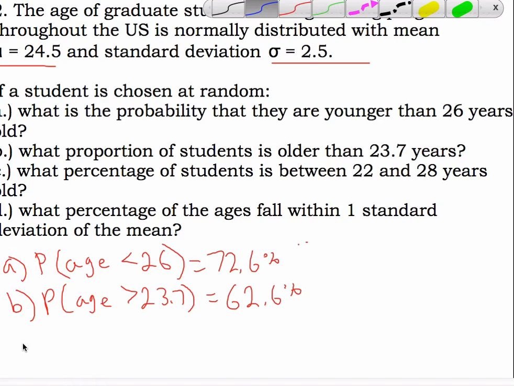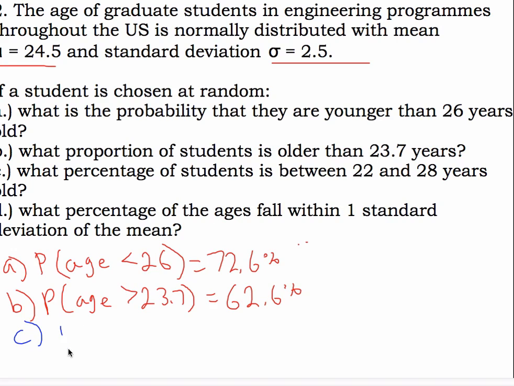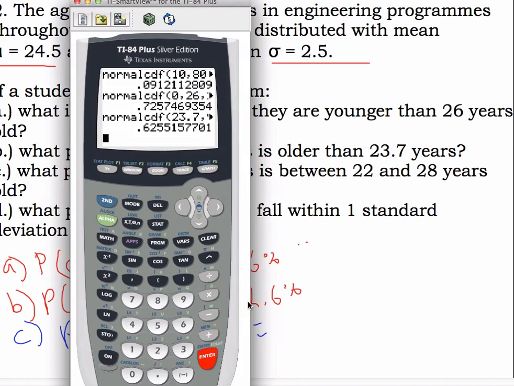Let's do part C. Probability the age is between 22 and 28 years old. I'll do that again and just change these numbers to 22 and 28. Press enter and I get 76.1%.